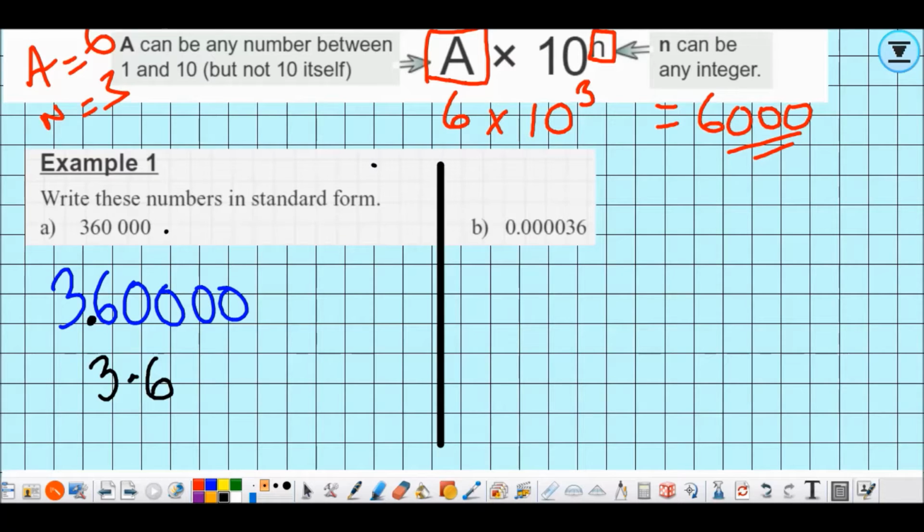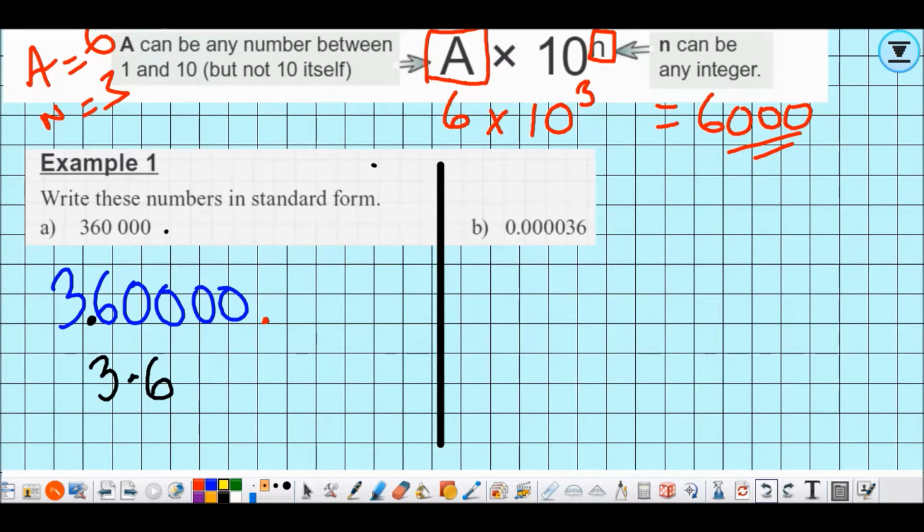Now, if you think about where that decimal point came from before we started this, the decimal point was right at the end. So how many spaces have we actually moved that? Remember we're making this bigger, so from where we've put the decimal point, we're going to go back out to the number. We're going towards the positive, so this is going to be a positive value.